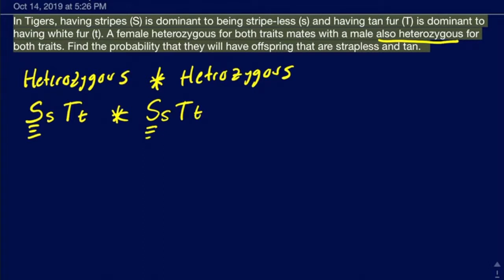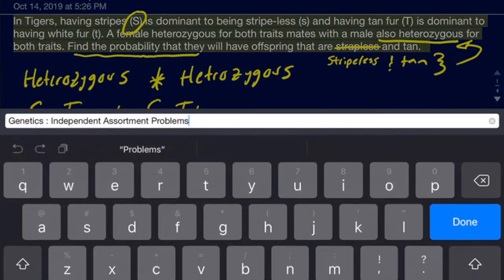The question is asking us to find the probability that the offspring will be stripeless and tan. So when we're given these two phenotypes, we should go back into the problem and see what genotype codes for that. For the stripeless phenotype, the problem says that stripes is dominant and stripeless is recessive.